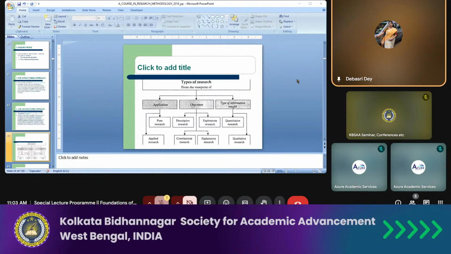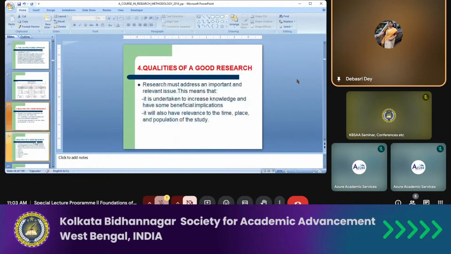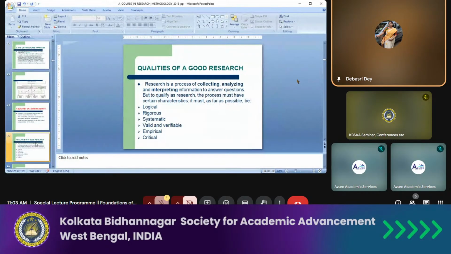I'm going to stop sharing my previous screen, and then I come to one more thing, and I will conclude the foundations of today's discussion, the steps of a basic research.